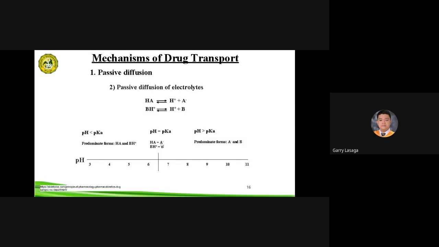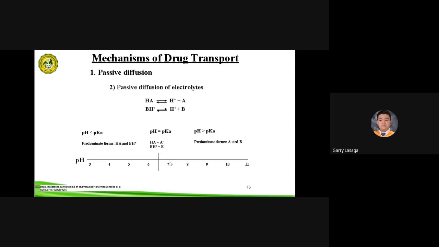So our pKa here is 6.5. The line here, from 6 to 3, refers to the acidic environment.